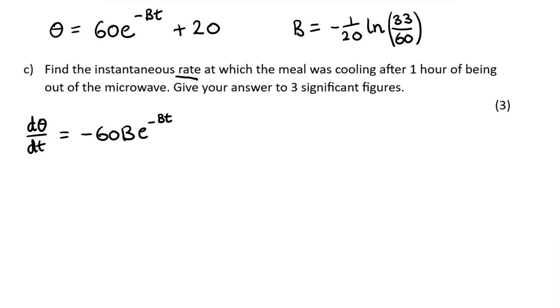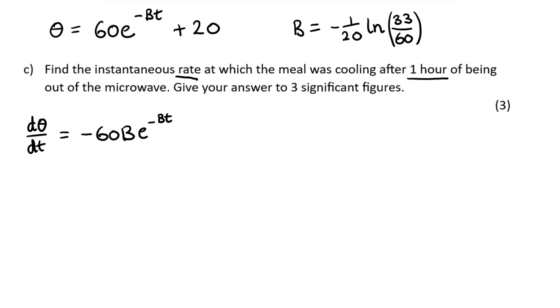So this is our derivative, where that b is that minus 1 over 20 natural log of 33 over 60 that we found earlier. Now we want the rate after 1 hour, and it plays a little bit of a trick on you here because our time is defined in minutes.